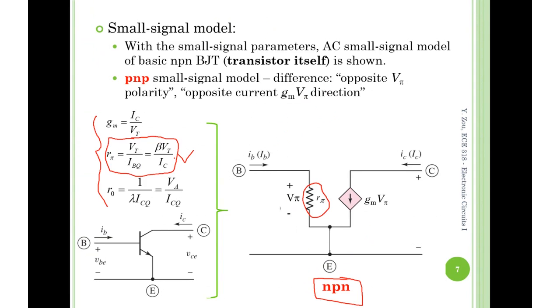And there is significant difference between the MOSFET and the BJT: the gate of the MOSFET is open circuit. Okay, there's no current. However, there is current in the base for BJT. Okay, so here is not open circuit anymore. Instead, we have a resistance R pi, whose value is calculated by this new equation here. Not 2 parameters, but 3 for BJT.